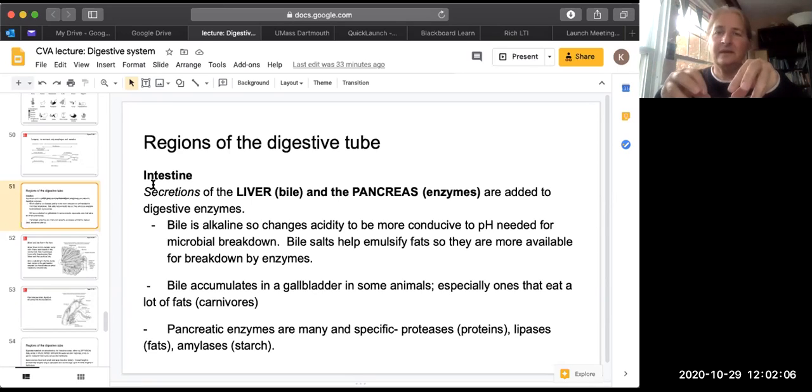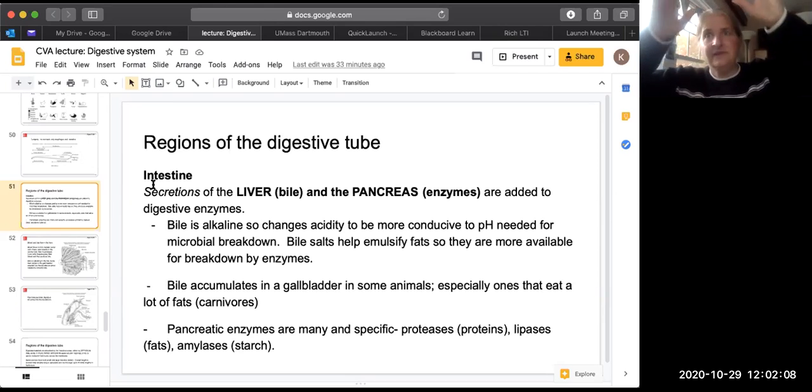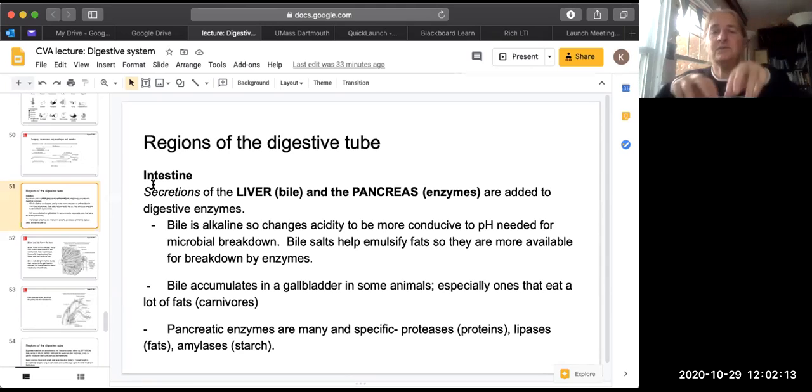Not only does it have these villi that start getting bigger for absorption of materials, that's where the associated organs start dumping in all these chemicals to help with the breakdown of the food. Okay. So secretions of the liver are the bile, and the pancreas are the digestive enzymes.